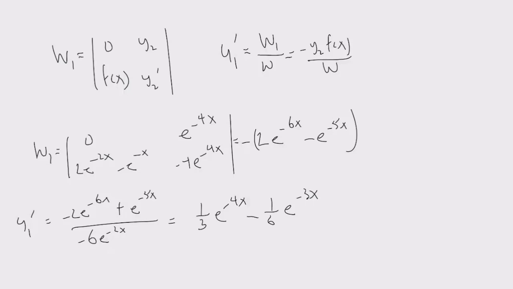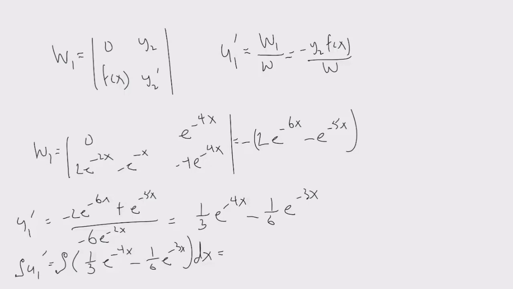All right, so then I want to integrate all of that. So the integral of 1/3 e to the negative 4x minus 1/6 e to the negative 3x dx.